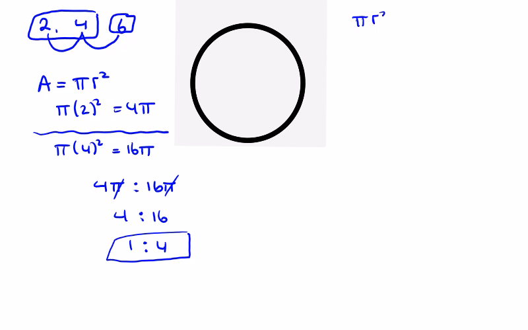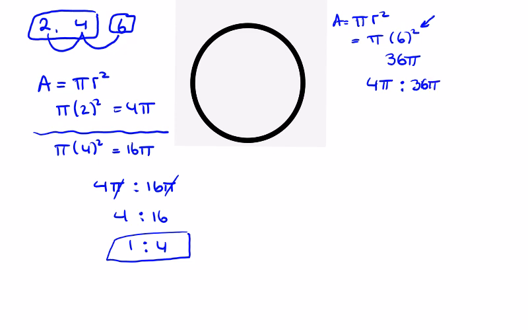Pi r squared for the area, it's going to become pi by 6 squared, which is 36 pi. So you can see the relationship of what's happening here. The square part is what's really making these things get bigger. So it's a squared relationship here. So we're dealing with a 4 pi against a 36 pi.